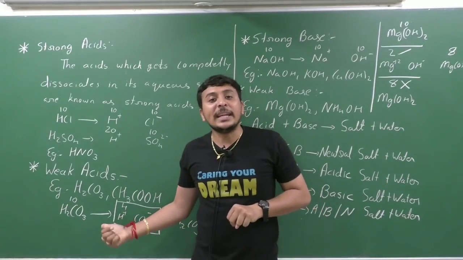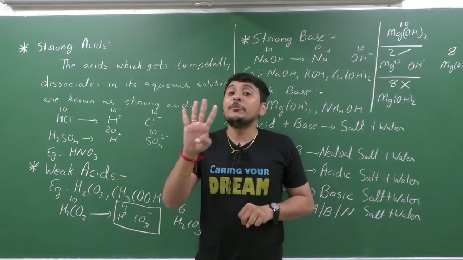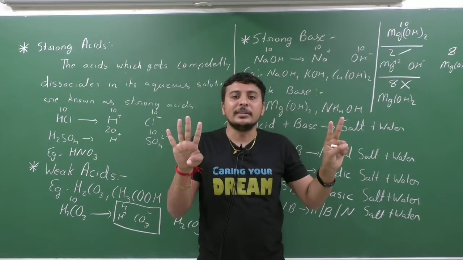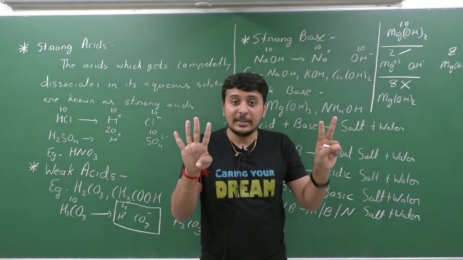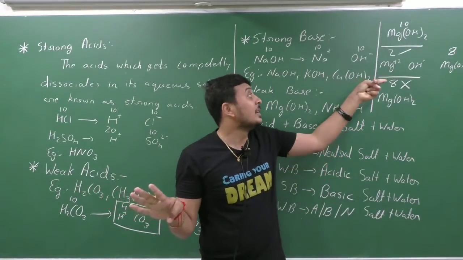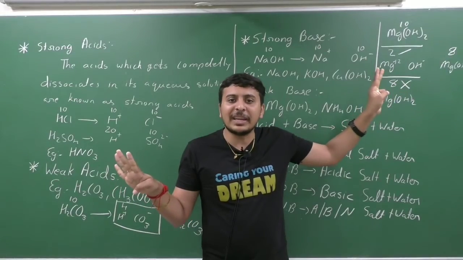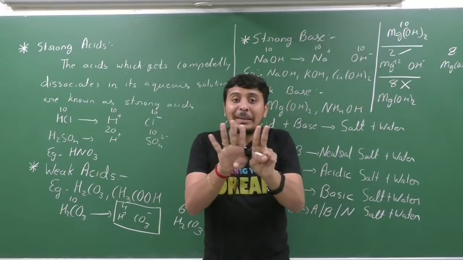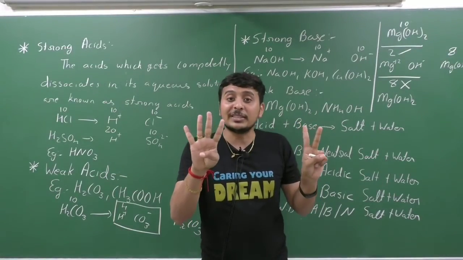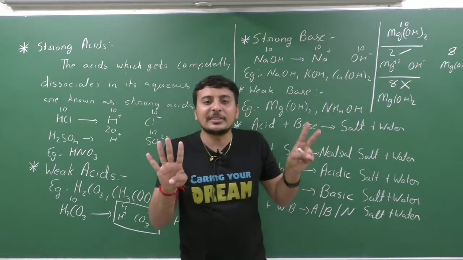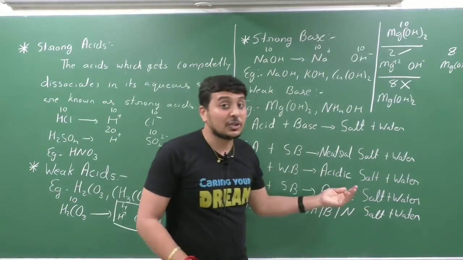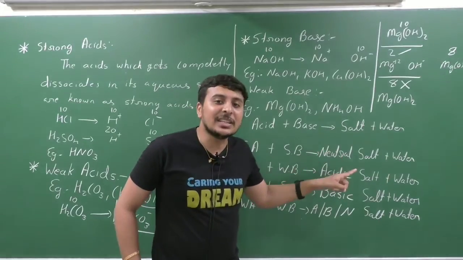Both of them are weak acid and weak base, but in comparison the acid is somewhat stronger than the base, because here 4 get dissociated and here only 2 get dissociated. So when weak acid and weak base react, the salt formed here will be acidic salt.